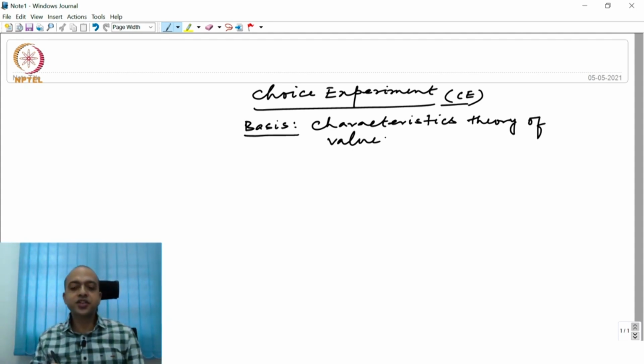What is this characteristics theory of value? This theory says that the value of a product or a service is the sum total of the value of its different attributes.